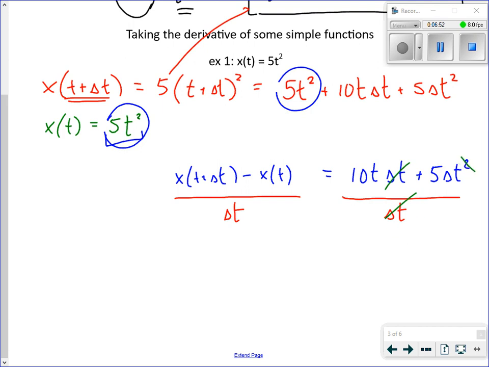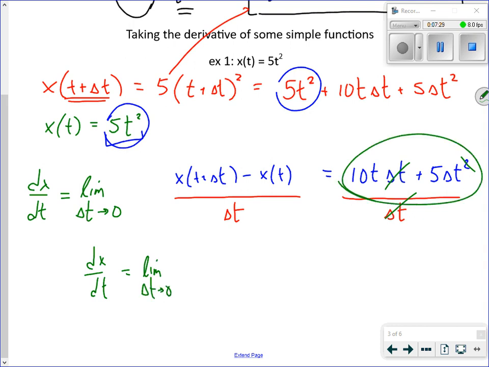What we're doing here is actually finding dx dt, the derivative of x with respect to t, which by definition is the limit as delta t approaches 0 of all this stuff. So we have dx dt, which by the way is the slope of the tangent, the limit as delta t approaches 0 of what I have left, 10t plus 5 delta t.